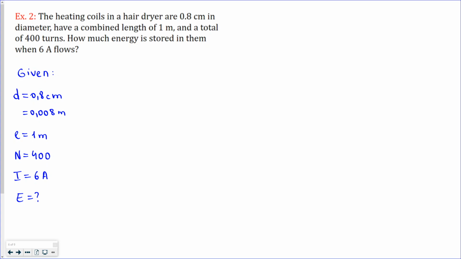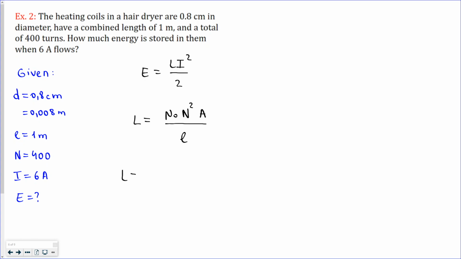So again, the equation to find the energy stored in an inductor, but here we don't know what L is, and it can be found if we consider this as a solenoid. This is the equation to find the inductance of a solenoid.